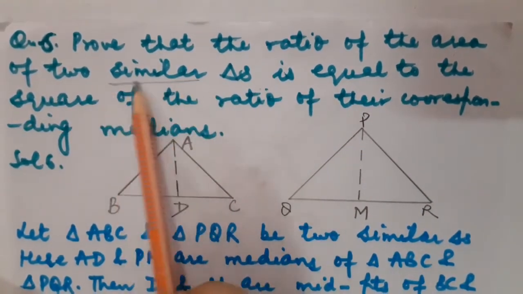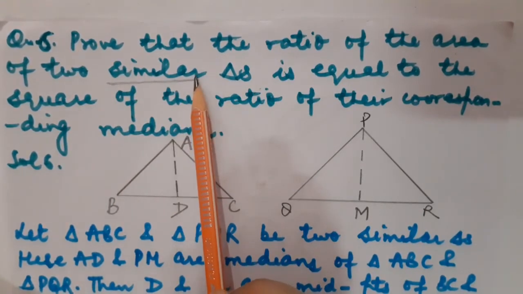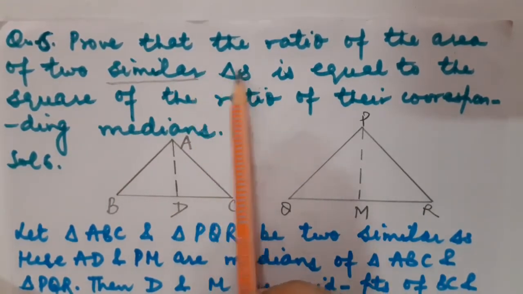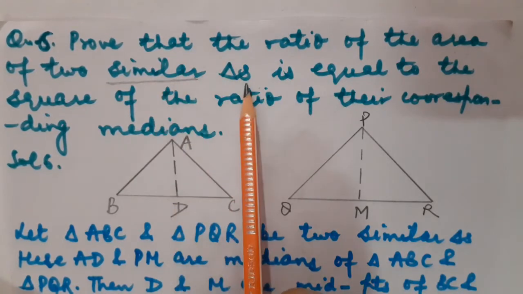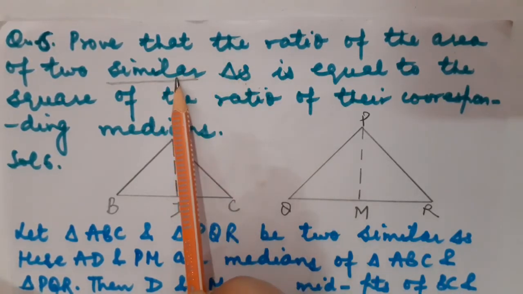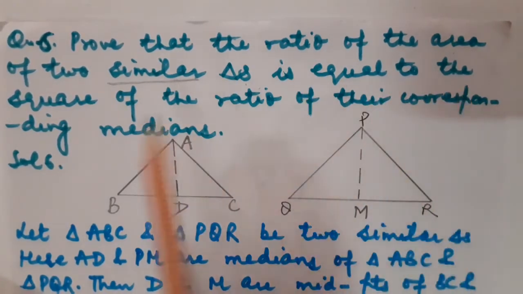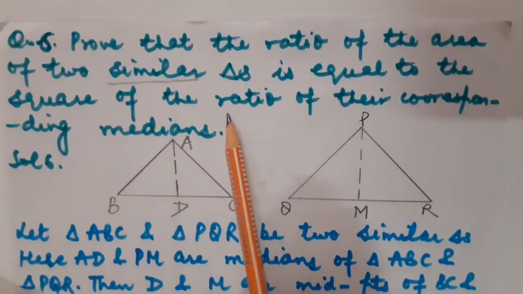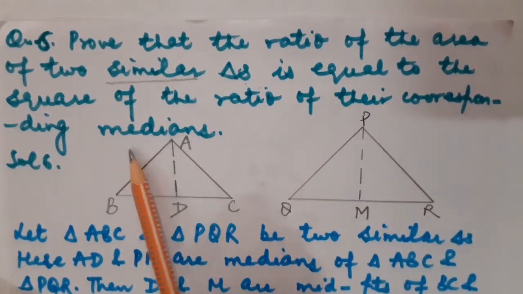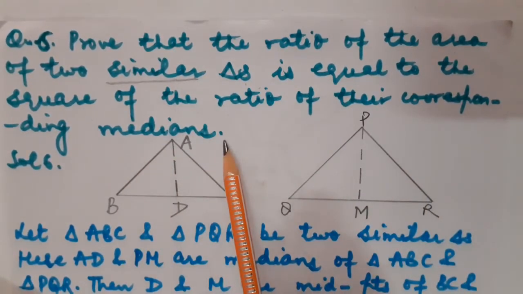Make sure children, the theorem can be applied only when the triangles are similar, either given to us or we will have to prove their similarity first. Fine. This is equal to the square of the ratio of their corresponding medians also.